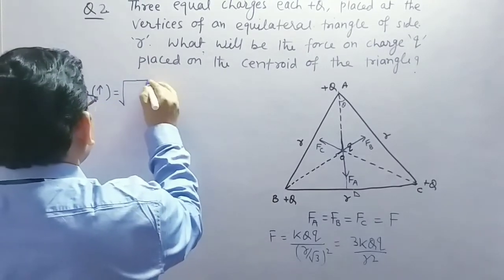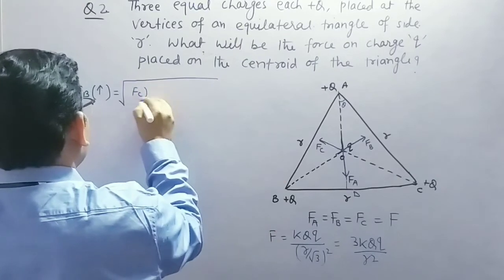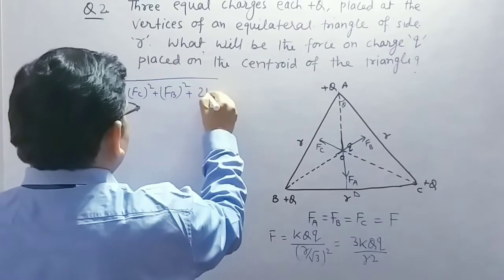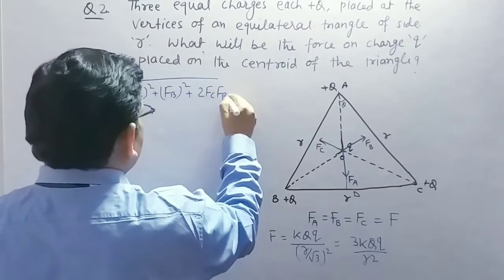So the resultant force of C and B can be written as the square root of force C square plus force B square plus twice force C, force B cos theta.